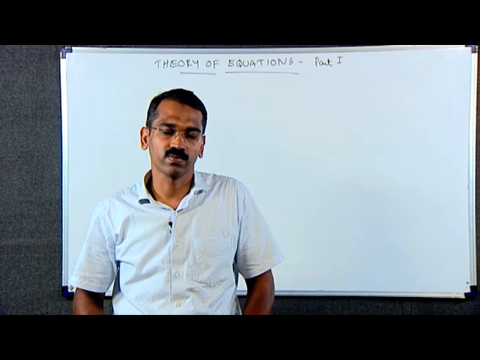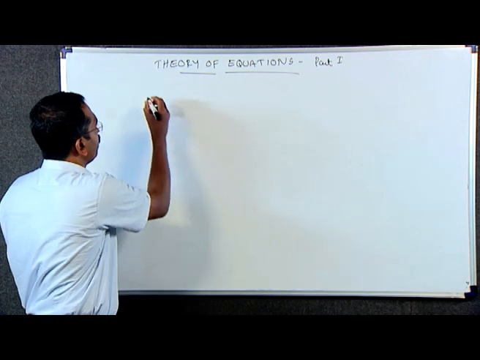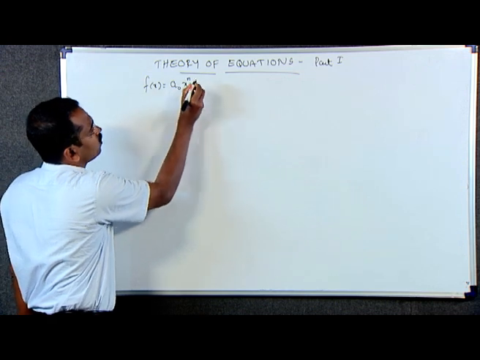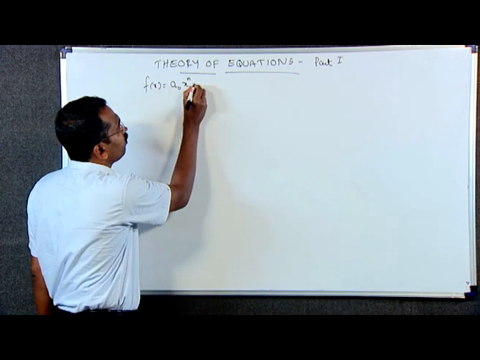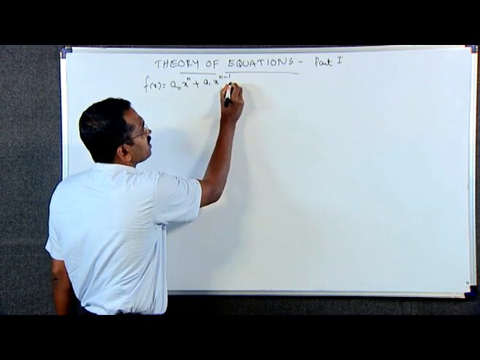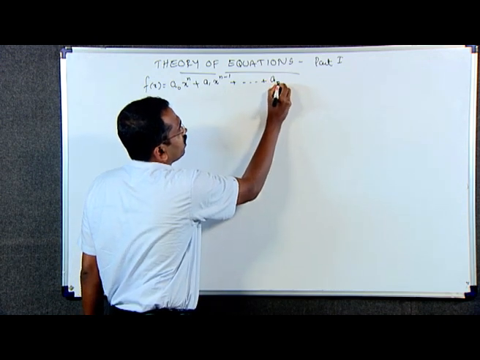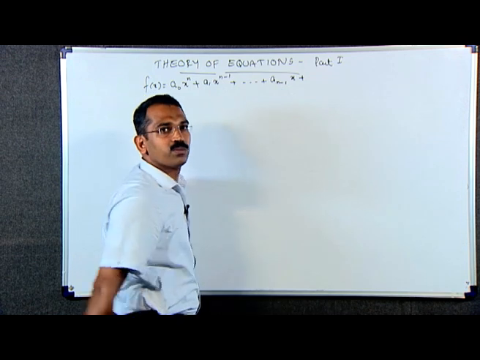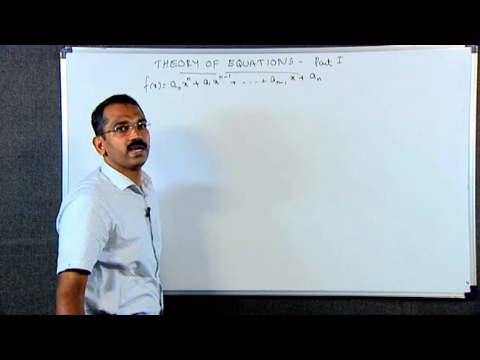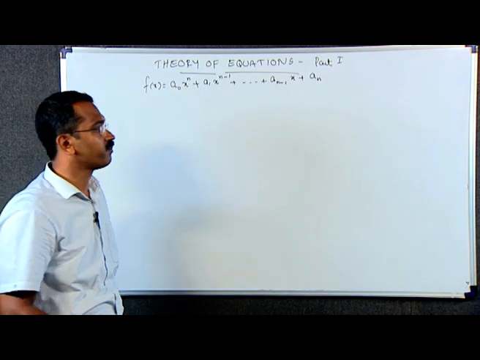obtaining them. An expression of the form f of x is equal to a naught x raised to n plus a1 into x raised to n minus 1 plus etc. plus a n minus 1 into x plus a n, where a naught, a1, etc., a n are constants and n is a positive integer.